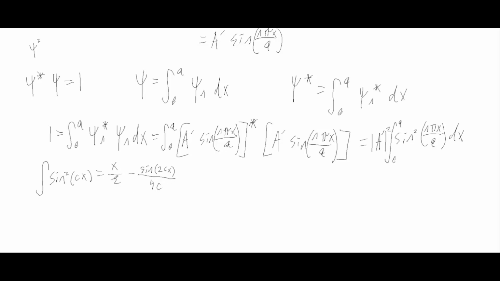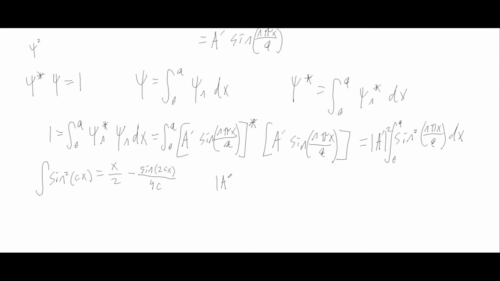I'm not going to go through the whole integration, which is why I'm just using this identity. So we have our sine squared of some constant with x right here, and I'm going to apply this identity to it, and what we end up getting for that is right here.